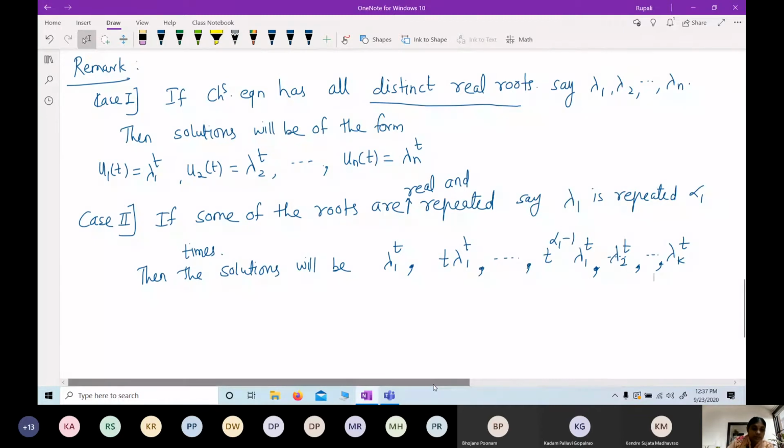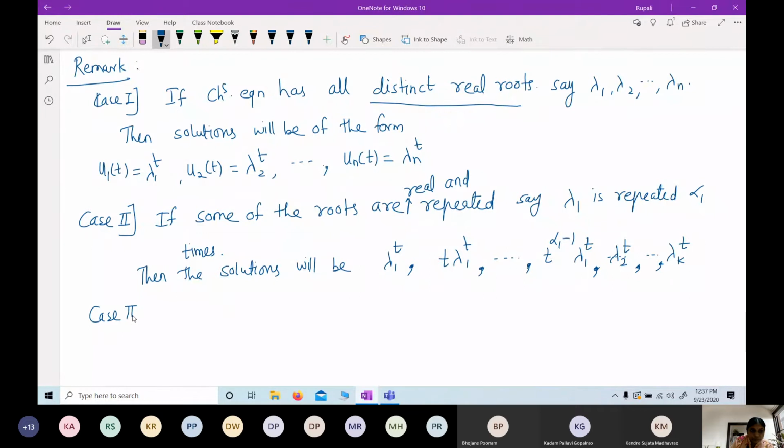Now in case 3, suppose the characteristic roots include a complex pair, lambda is equal to a plus or minus ib.